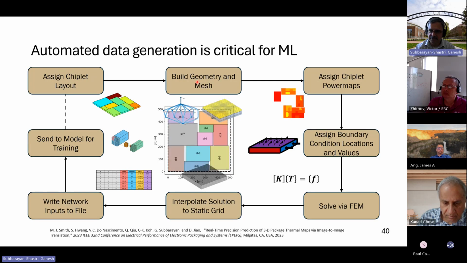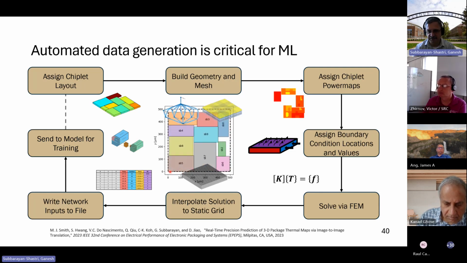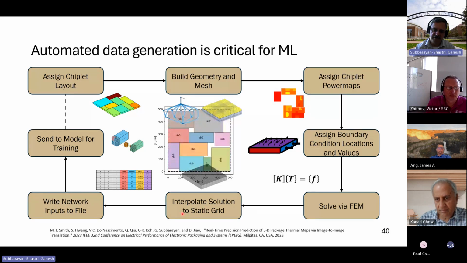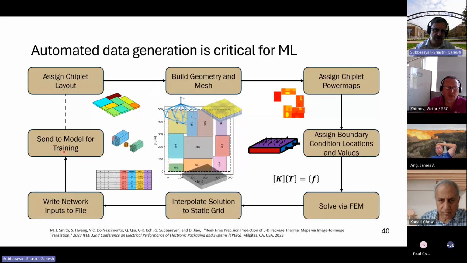And then we built the geometry and meshed it. We assigned random power maps, assigned random boundary conditions, and solved using the tool that we had developed for arbitrary chiplet placements. For here, lots and lots of chiplet placements that Dan's student developed. Then we were able to solve it, interpolate the solution, develop a new machine learning model, and use that to train. So that's what we did.